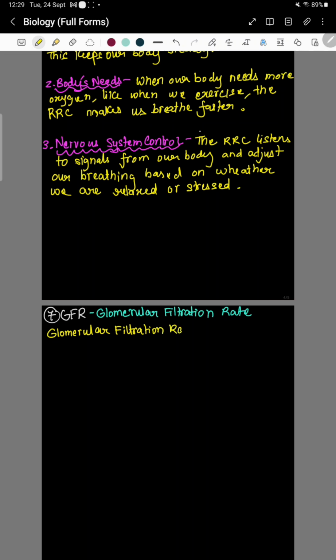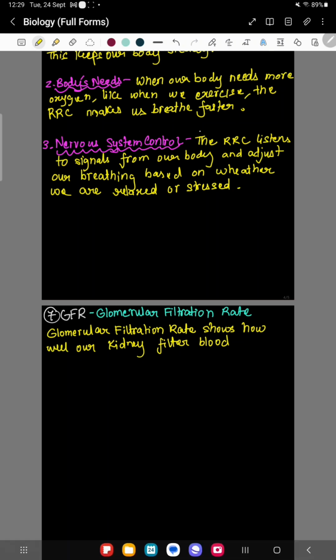The glomerular filtration rate shows how well our kidneys filter blood.